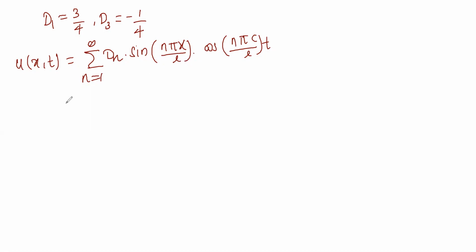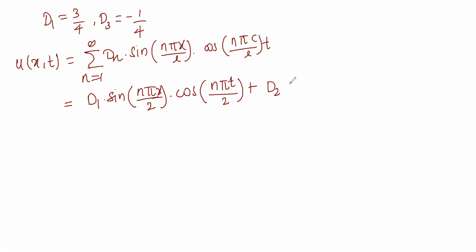So let me open this bracket first, and that will give me d1 sine pi x by 2 into cos pi t by 2, plus d2 sine 2 pi x by 2 into cos 2 pi t by 2.